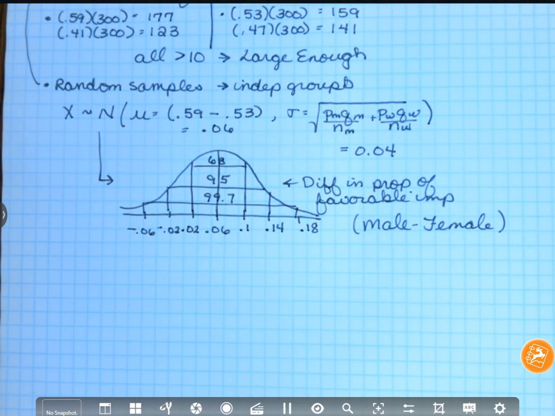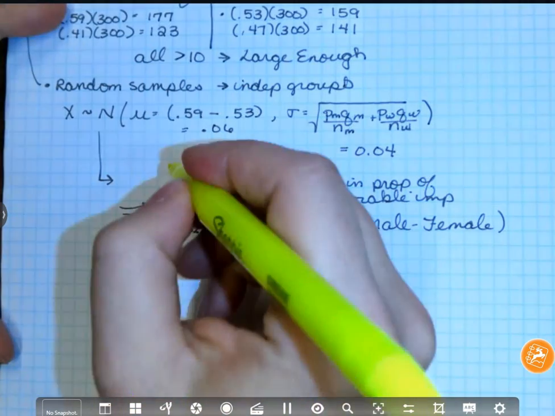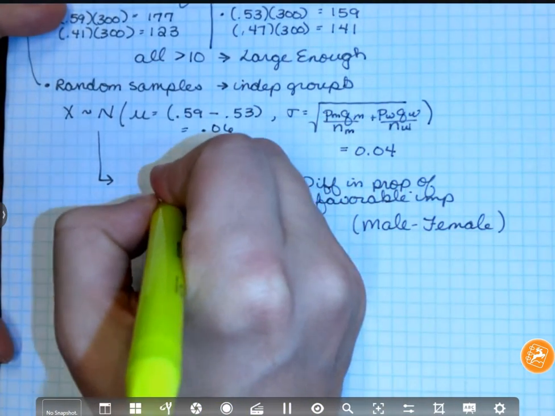Now, the next part said, could the campaign be misled by the poll, concluding that there really is no gender gap? Based on this, what's actually true, do you think it would be reasonable to have a conclusion that there is no gender gap? Oh, glorious.